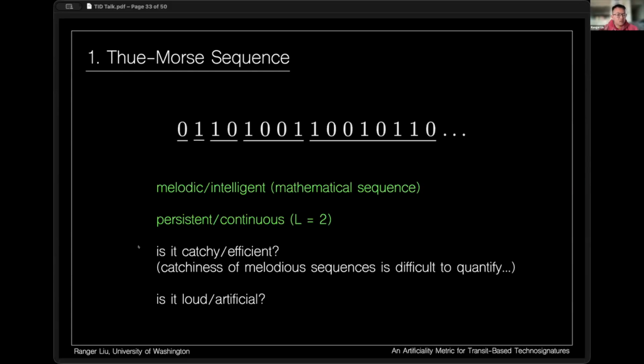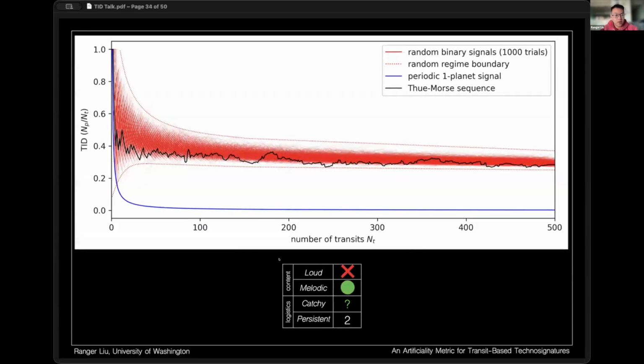The catchiness and the efficiency is harder to quantify because this really becomes a mathematical question of how long a subsequence needs to be before you can identify a mathematical sequence. So we leave that as an open question. And then we also ask whether this signal is loud or artificial by plotting its TID behavior. Unfortunately, as we see, it does fall very squarely within the random regime, so it fails our loudness criterion.